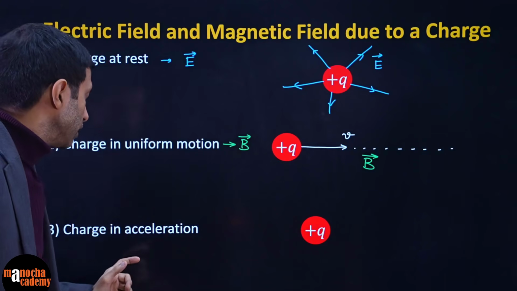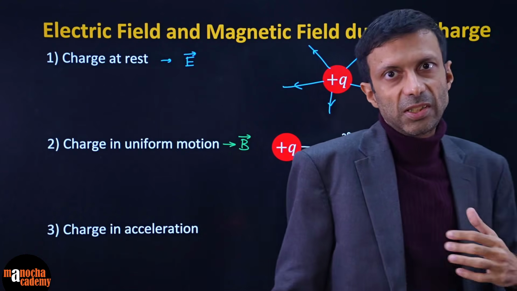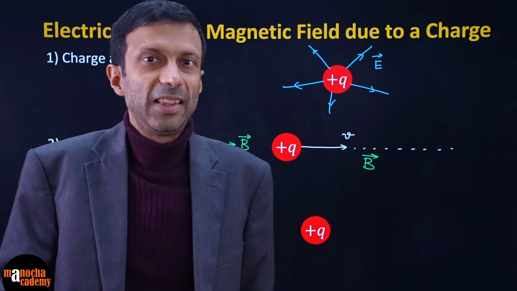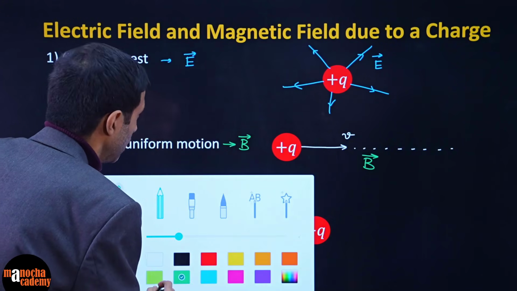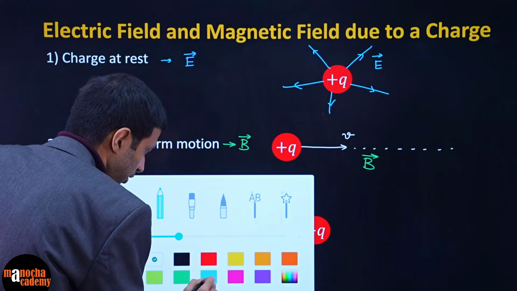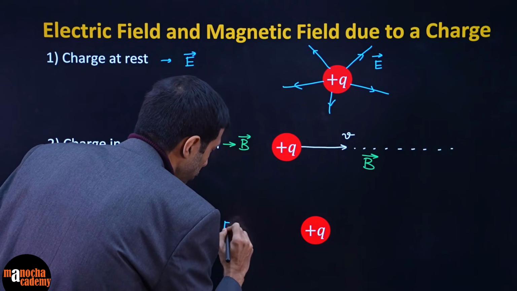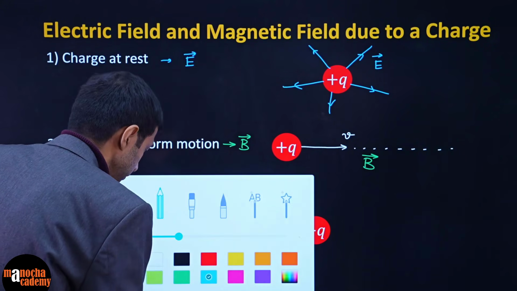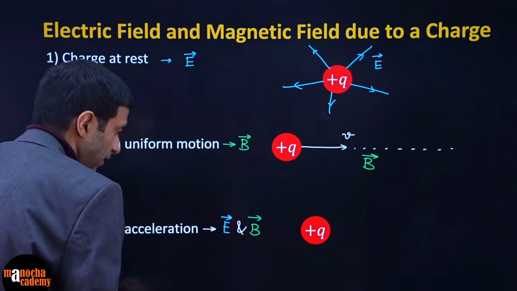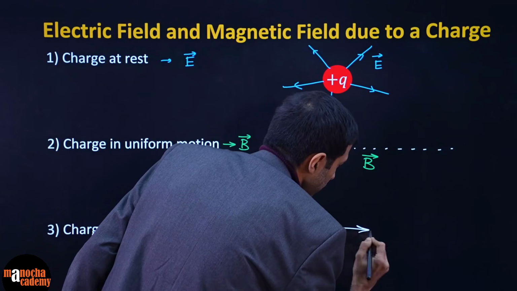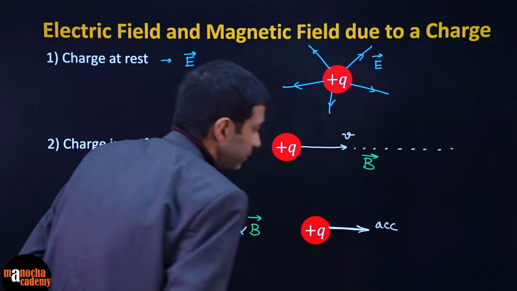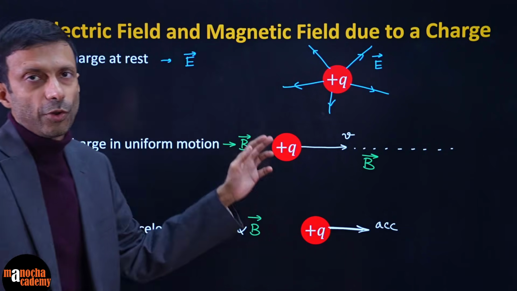But the third case is the most interesting: when a charge is in acceleration, then it produces both electric and magnetic fields. So a charge in acceleration will create both E and B. So this is when a charge is under acceleration, not in uniform motion.